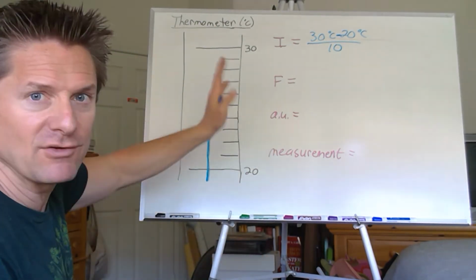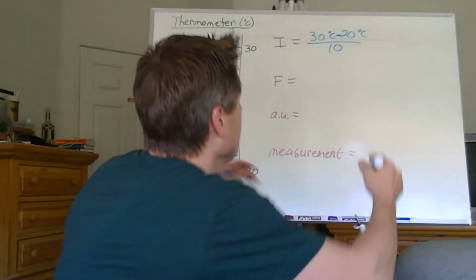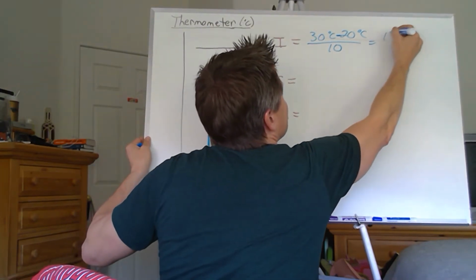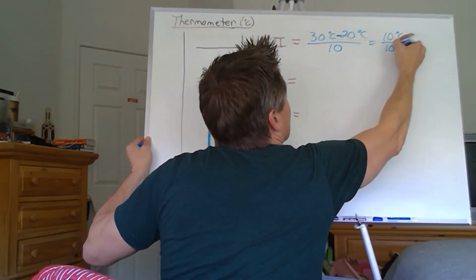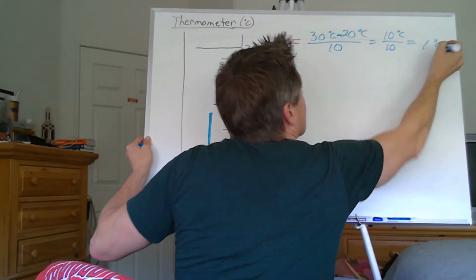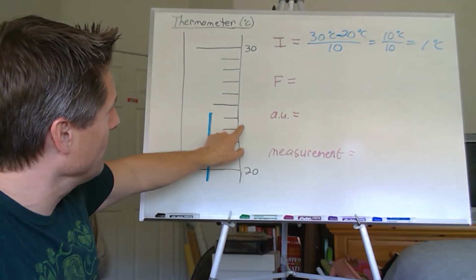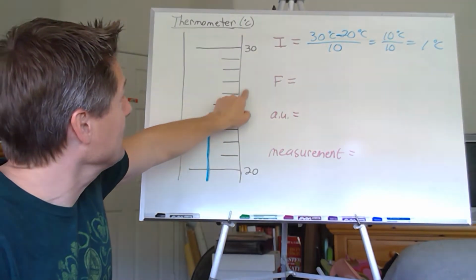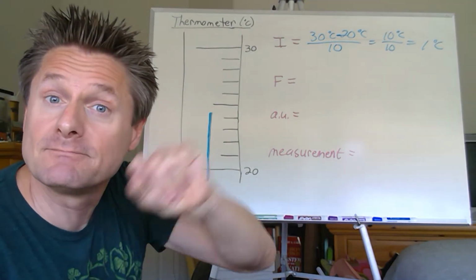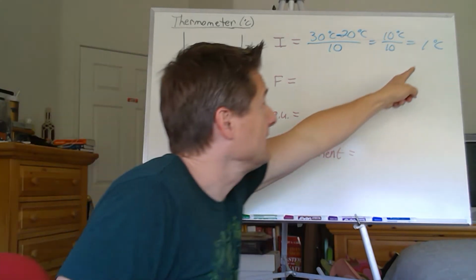It doesn't matter what 2 values you pick, you get the same answer every time. So 30 minus 20 degrees Celsius is 10 degrees Celsius. That would give us an increment of 1 degree Celsius. Does that make sense? 21, 22, 23, 24, 25, 26, 27, 28, 29, 30.